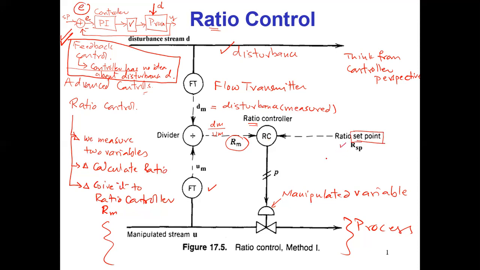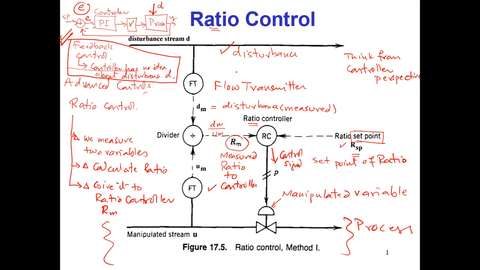So what we are providing here is a set point of the ratio, और ये set point जो आप controller को दे रहे हैं, and we are providing measured ratio to the controller, and then controller is generating a control signal here. Control signal.